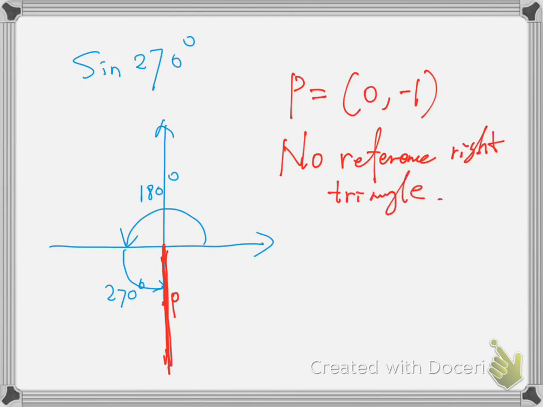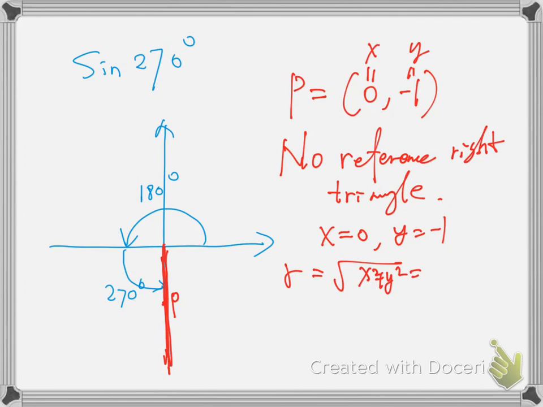Okay, so in this case, we don't have a right triangle. But we still know x and y because we know point P, right? So this is x, this is y. So x is 0, y is negative 1. And we also know the relation between x, y, and r. Here there's no Pythagorean theorem, it's the distance formula. So in this special case, r is the distance from point P to 0, because there's no triangle.